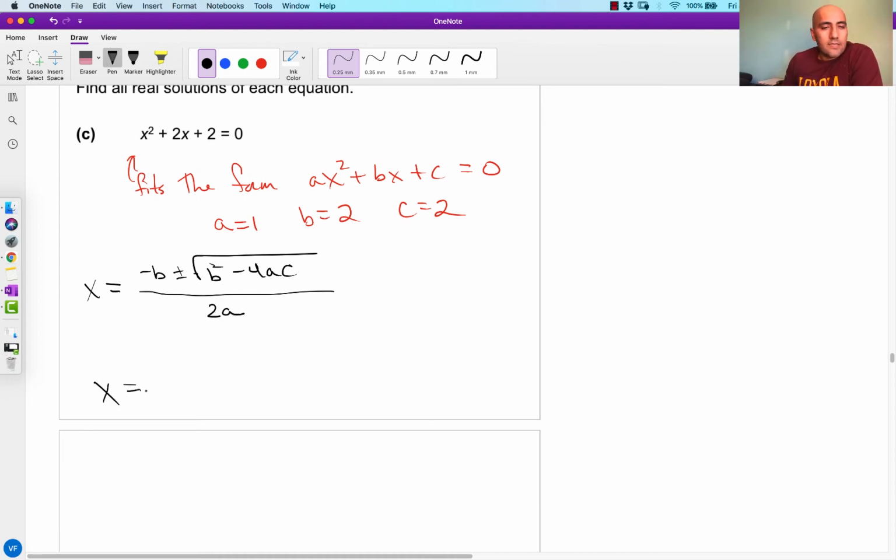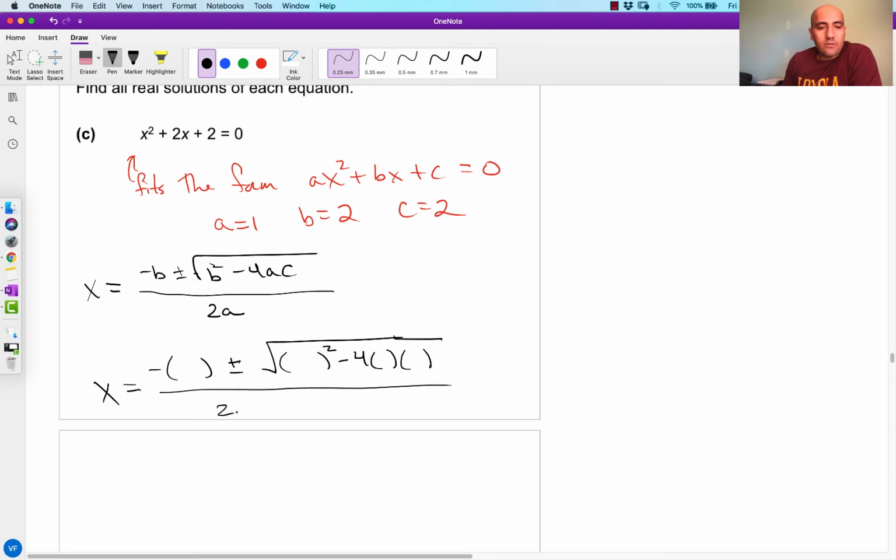So x equals negative b, plus or minus the square root of something squared, minus 4 times something else, and then 2 times something. So the a is a 1. That's going to be right here. This is a 1. This is a 1. The b is a 2. That's a 2 there. That's a 2 there. And the c is a 2.